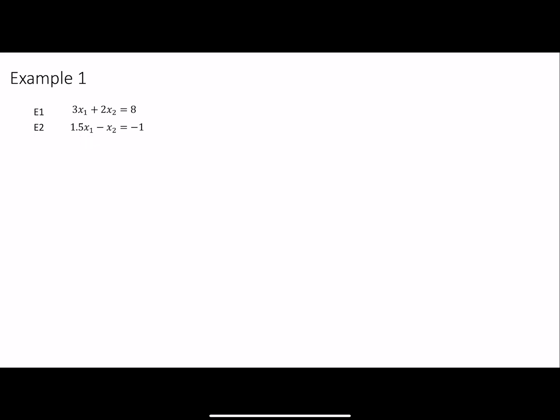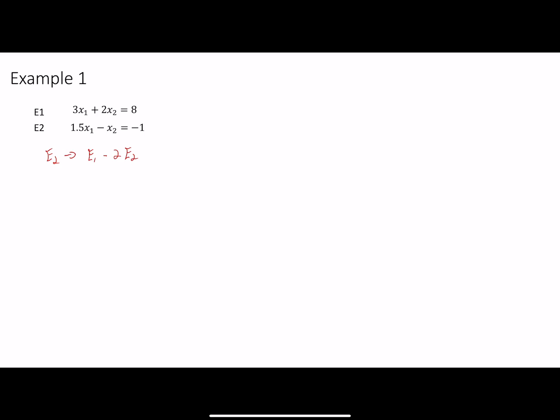And again, we're going to modify by either multiplying both sides of the equation by the same number or adding the same number to both sides of this equation too. So here's one trick. Let's take equation 2 and replace it by equation 1 minus 2 times equation 2.